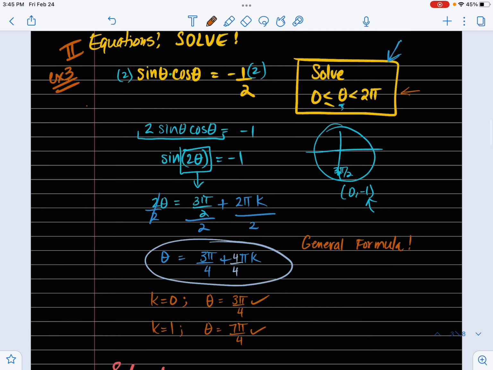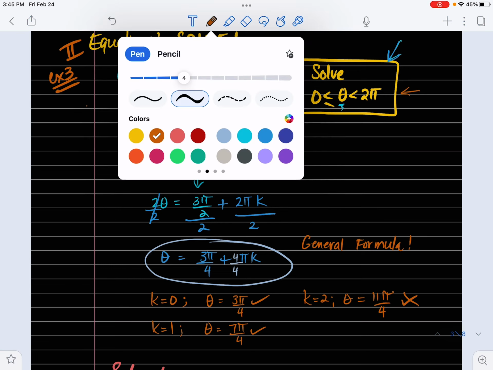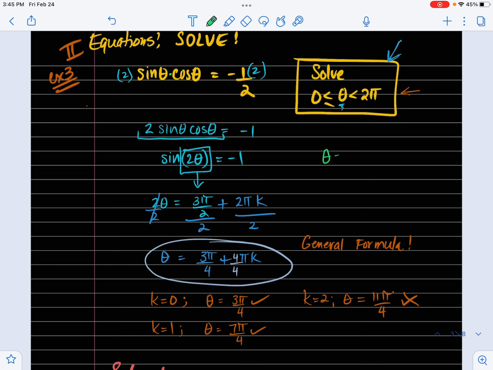When you plug in 2 for k, the next value would automatically be, keep adding 4 to the numerator, 11 pi over 4, and that's way over 2 pi, so we stop there. And in doing so, I have found both the possible answers. It's just time to put it together. So possible values of theta are 3 pi over 4 and 7 pi over 4.